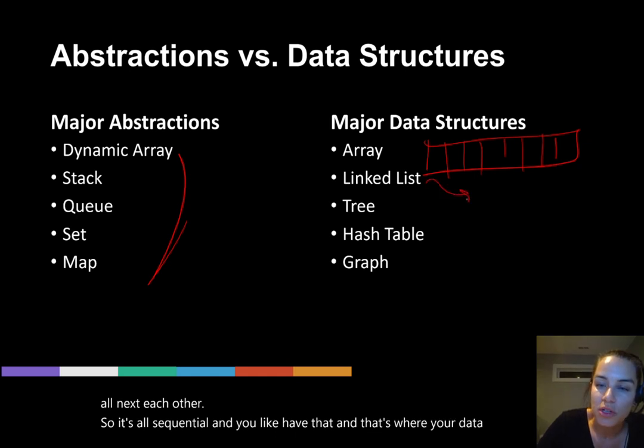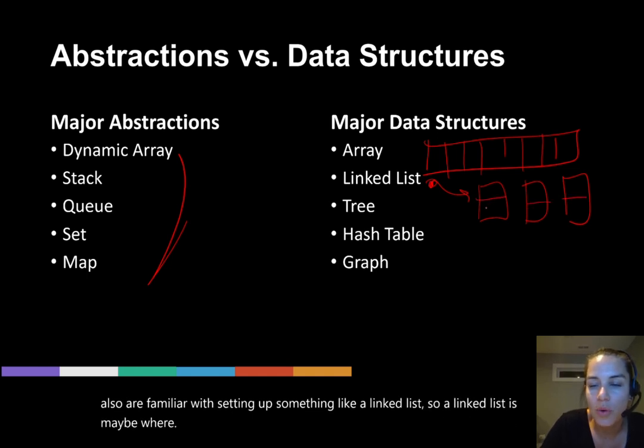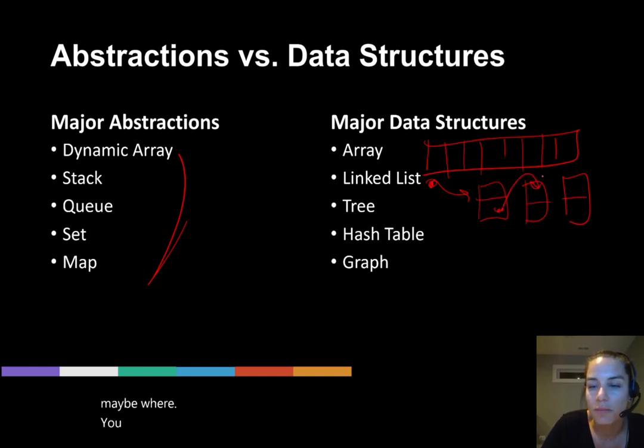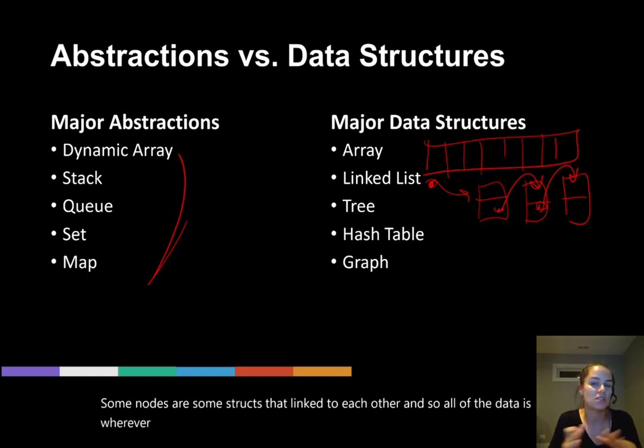You also are familiar with setting up something like a linked list. A linked list is maybe where you have some nodes or some structs that link to each other, and so all of the data is wherever it wants to be in memory. It doesn't need to all be together, but then it's all linked.